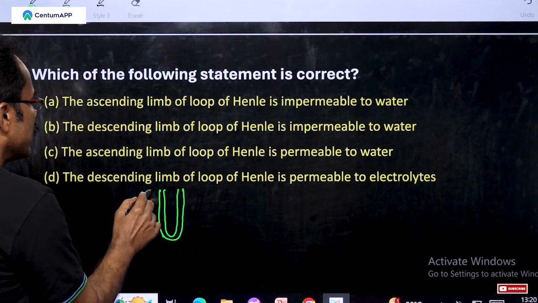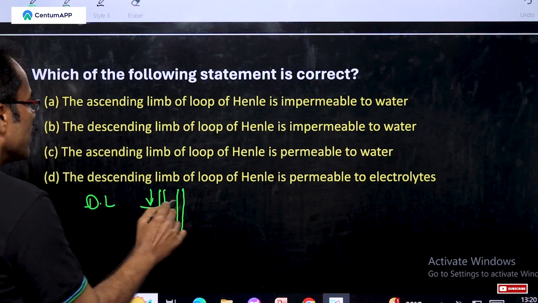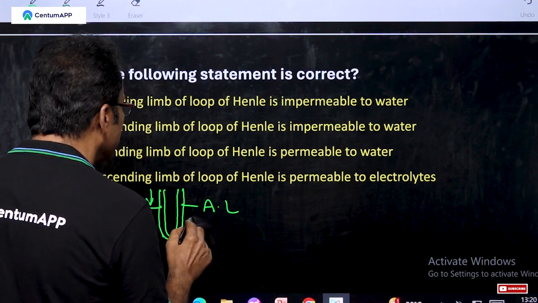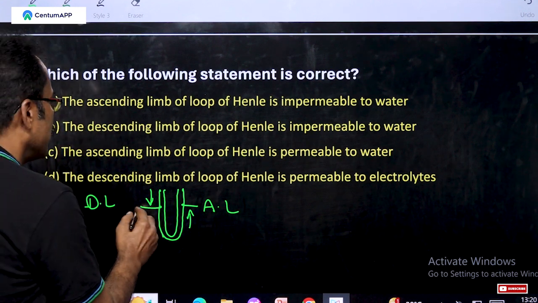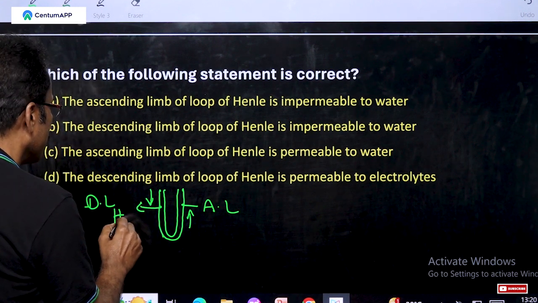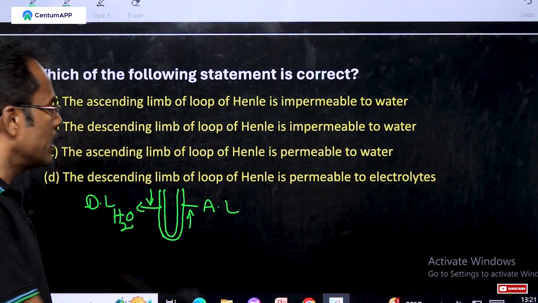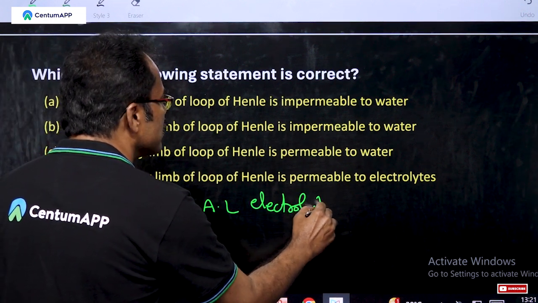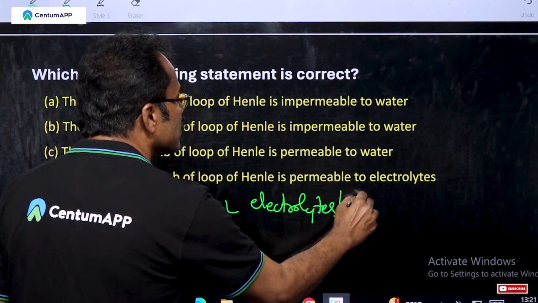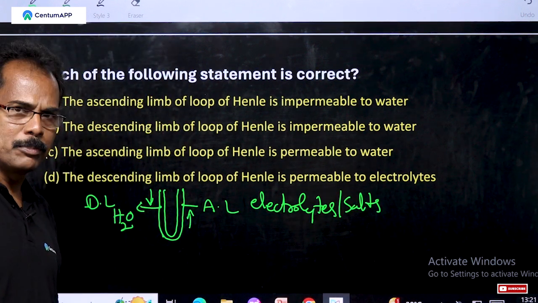In the descending limb, only water is reabsorbed into the interstitium, no salts are reabsorbed, whereas in the ascending limb only electrolytes or salts are reabsorbed into the interstitium, and water is not absorbed.